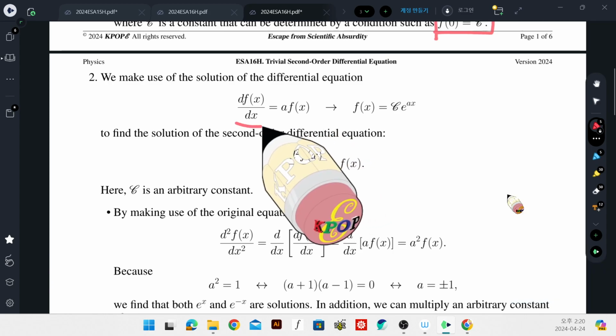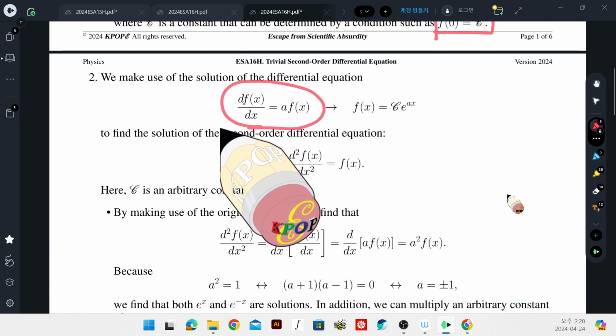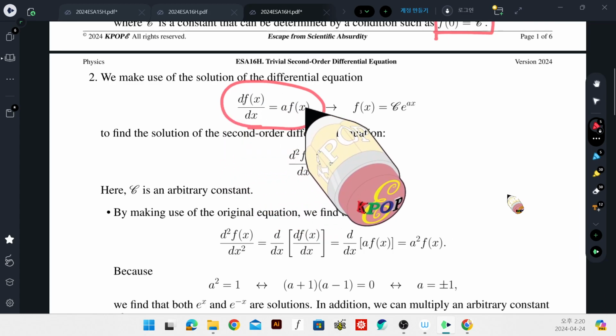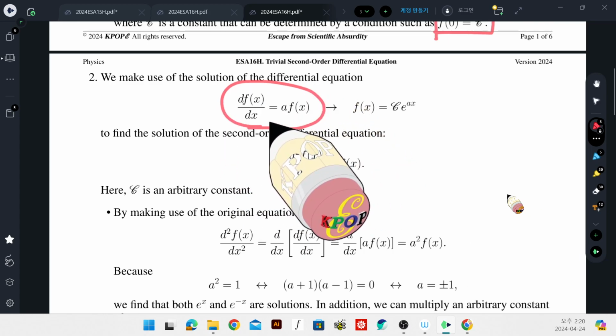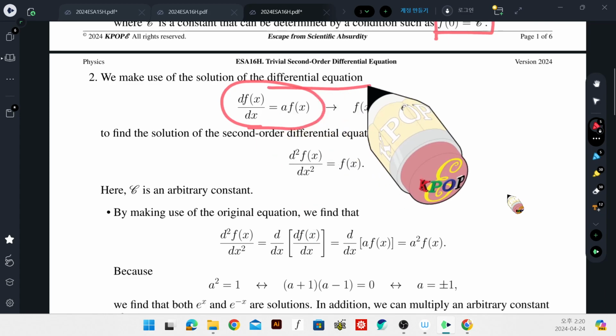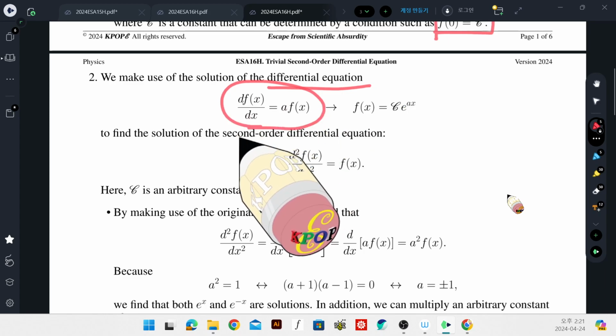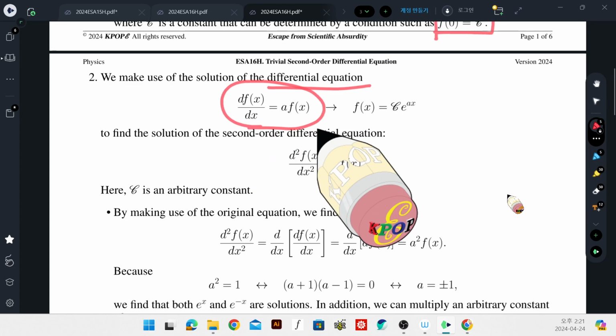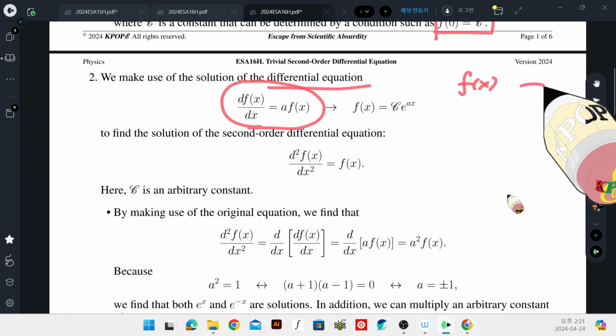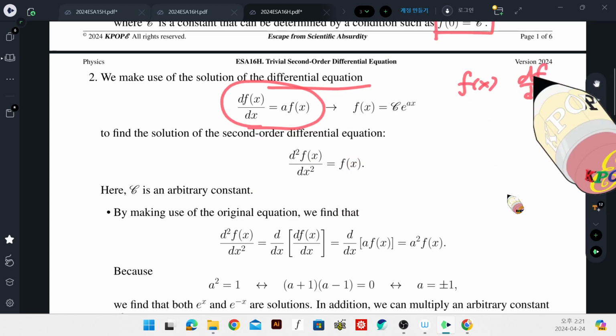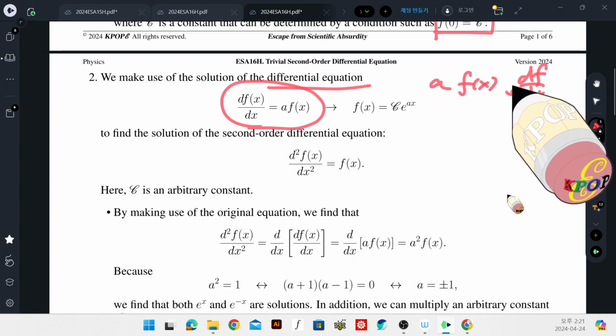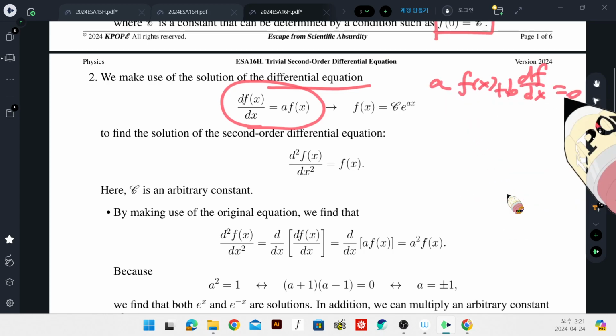Now, we know this is the first-order differential equation. That means the first-order derivative and function, their linear combination has some relation that is called the differential equation. The first order means the maximum derivative is the first-order derivative in this linear combination of f of x and its derivative, and their linear combination equals 0, for example.